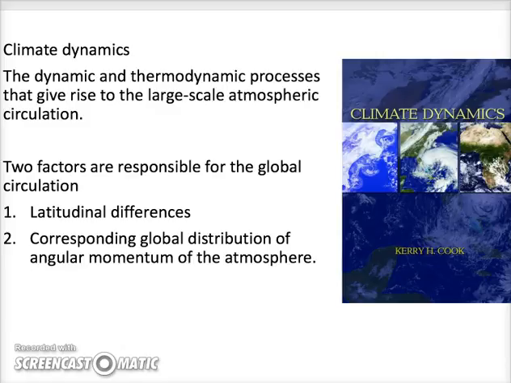They are the latitudinal differences of energy received by the Earth's atmosphere system from the Sun, with an excess in the tropics and a deficit in high latitudes, and the corresponding global distribution of angular momentum of the atmosphere. We will examine the two factors in turn later.